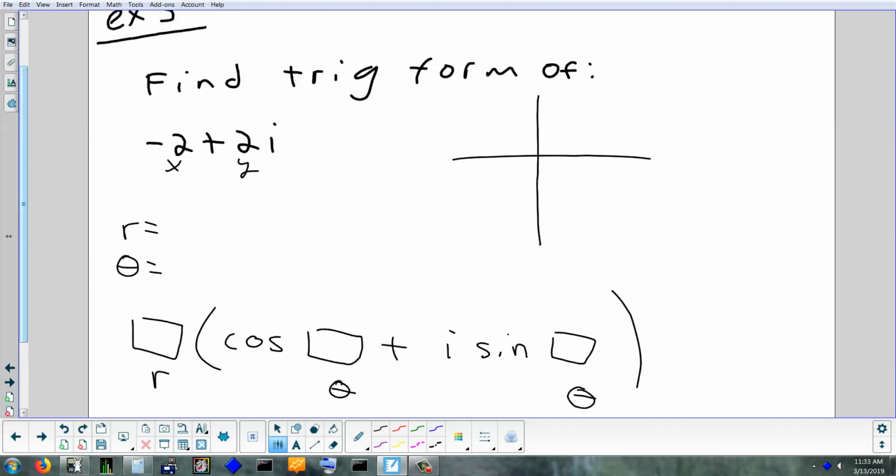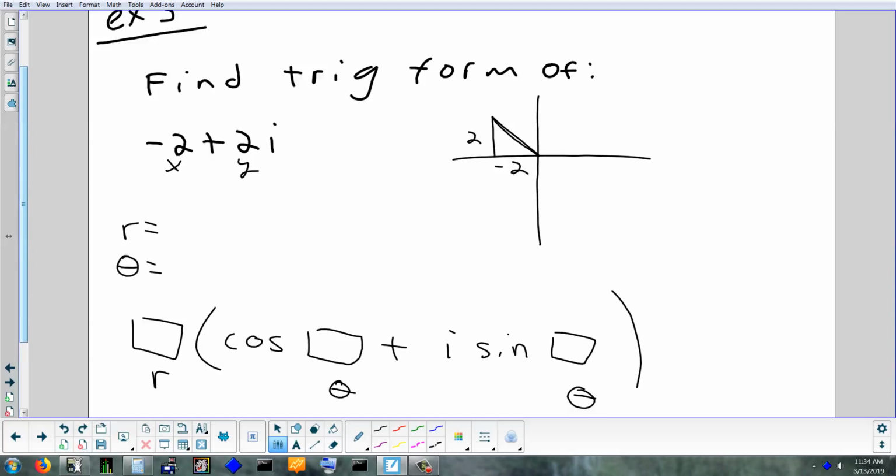Okay, let's start with R. I'm going to graph it. How would I graph -2 plus 2i? Starting from the origin, which way and how many units? -2 on the real axis, you count back 2. Okay, so which way is it? Left 2, yep. And then up 2. Left 2, up 2, it's basically going to be right about there. That's what I want to find. Find the hypotenuse of that triangle.